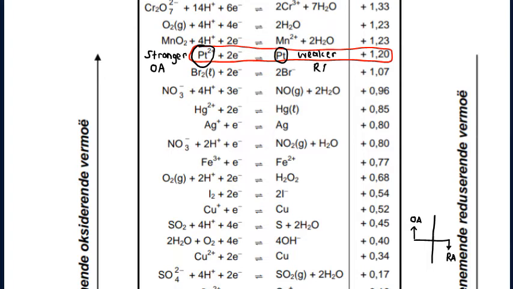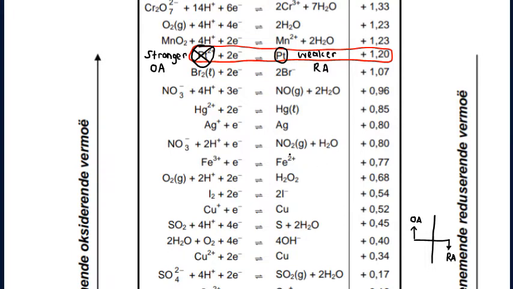Now in our experiment we are not using platinum 2 plus ions. This is not what we have. What we have is just solid platinum metal. So solid platinum metal is a weaker reducing agent, so it's not going to actually take part in this reaction. In other words, it's not going to undergo oxidation.